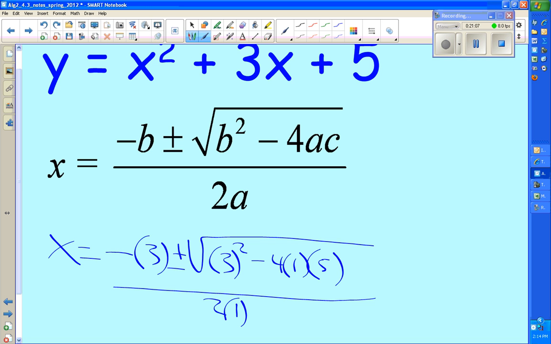If this is not shown, if there's a 9 right here, or a 20 right here, and you get the answer incorrect, then I will give you 0 points partial credit. This is a non-negotiable step for me in the quadratic formula.